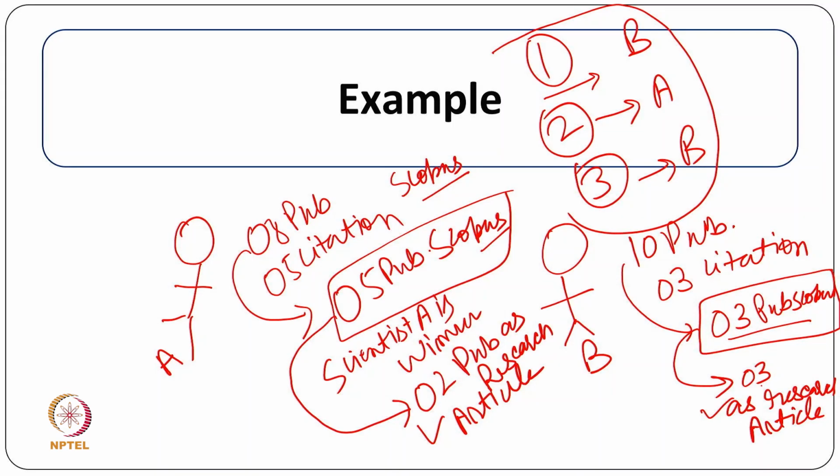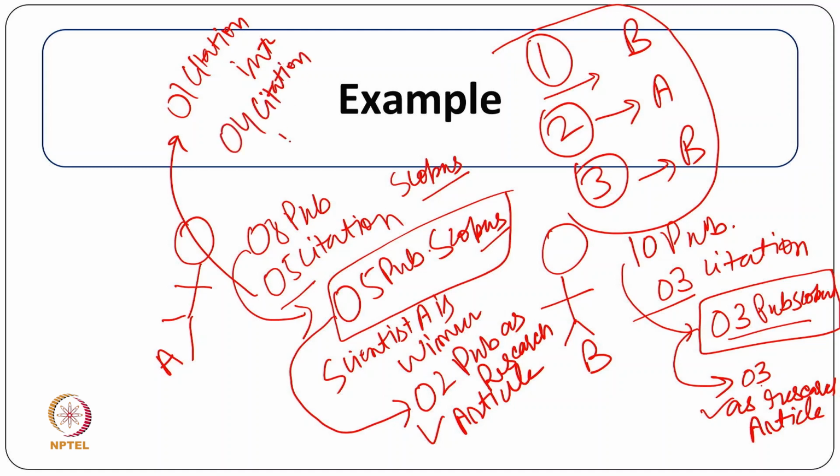Similarly, the case of citation can also be seen. Scientist A has 5 citations and scientist B has 3 citations, okay. Suppose that out of these 5 citations, scientist A has 1 citation from an international source and the other 4 citations are self-citations. But if I talk about scientist B, it has all 3 citations from international sources, okay.